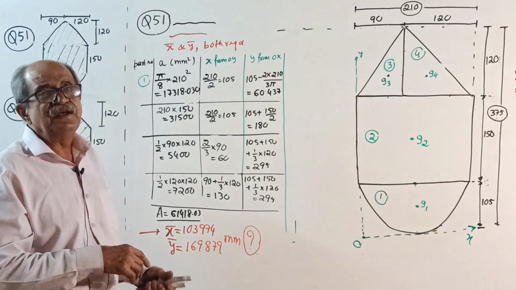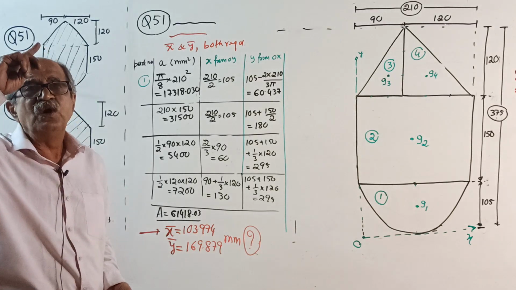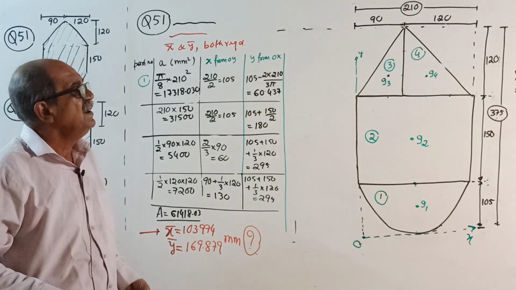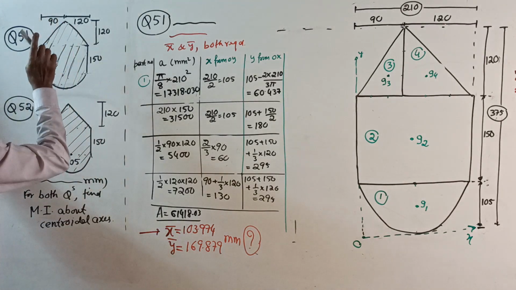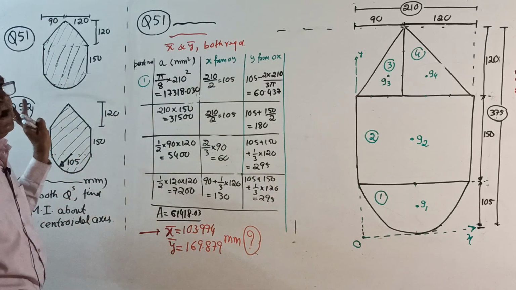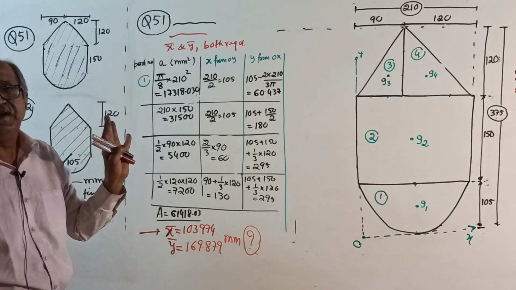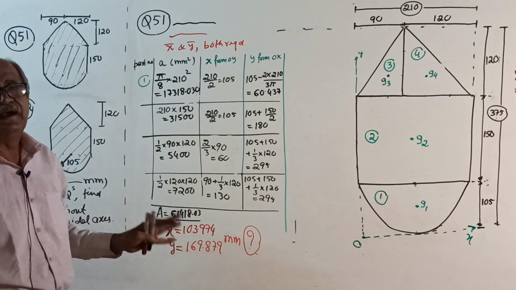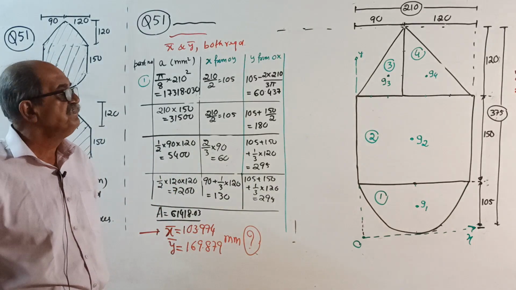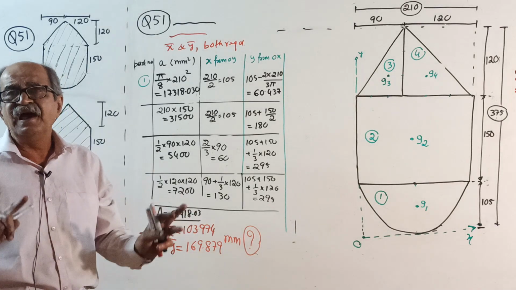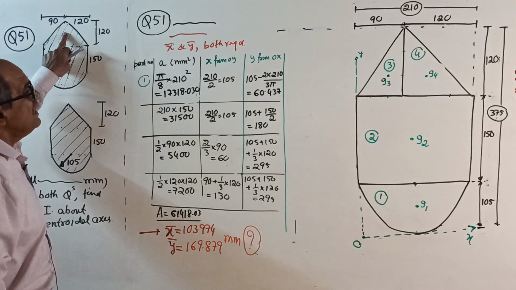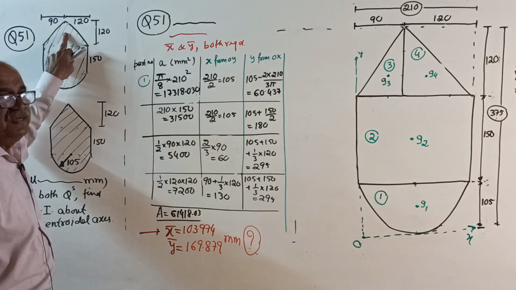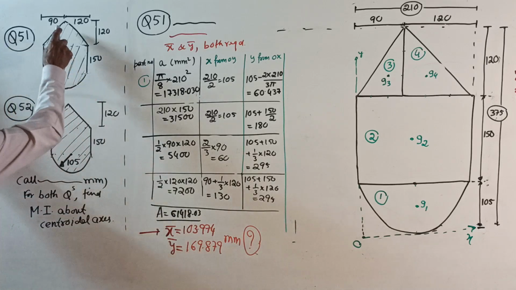I told you in one class how lengthy it becomes. So if it is a right angle triangle, well and good, take it as it is. An isosceles triangle also, take it as it is. But if it is a triangle in general, then you divide it into two parts.